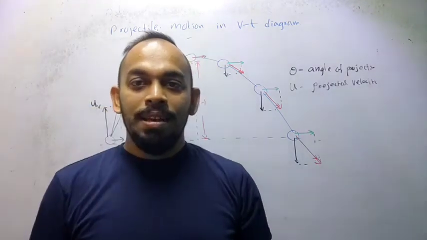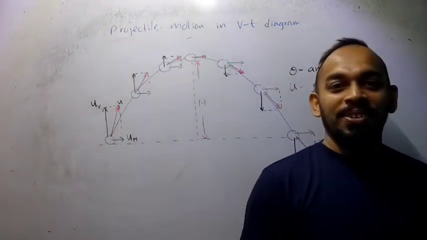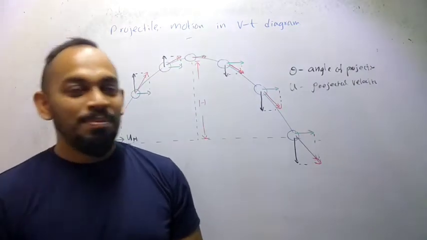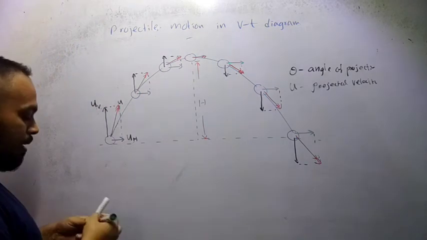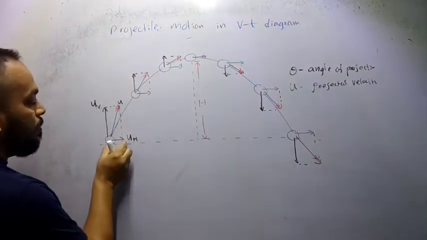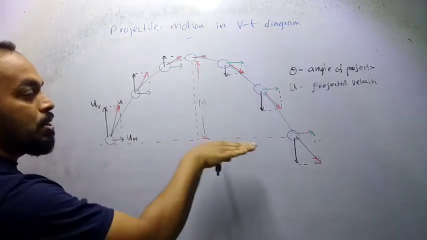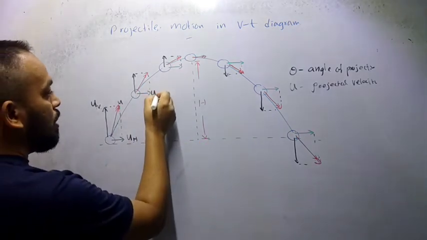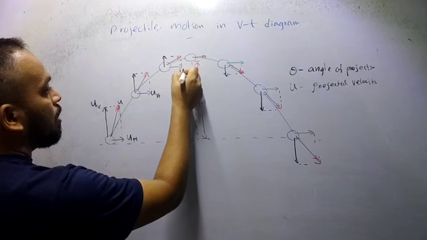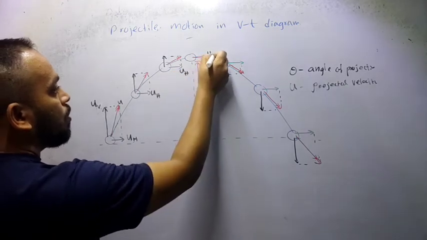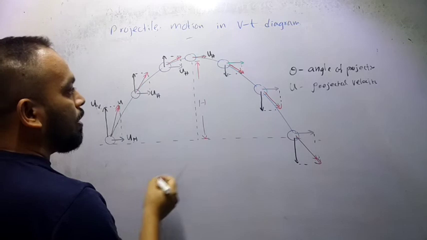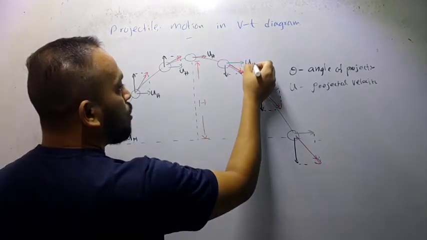So this velocity does not change. This would be UH for the rest of its life. Throughout the flight time, this would be UH.